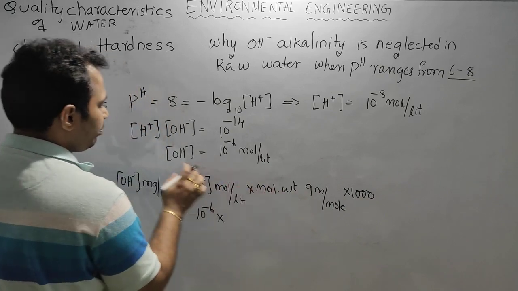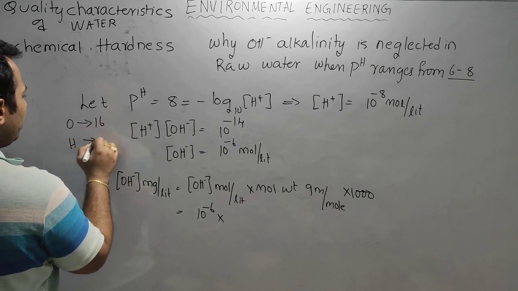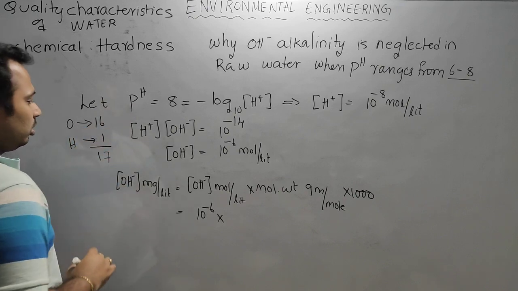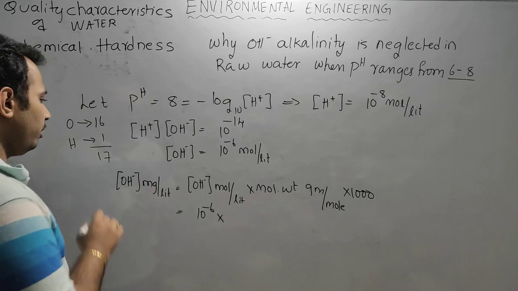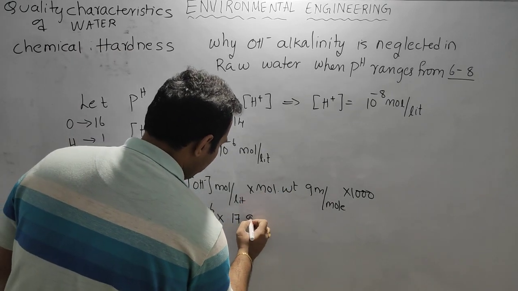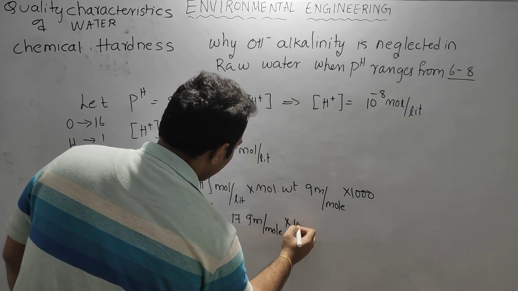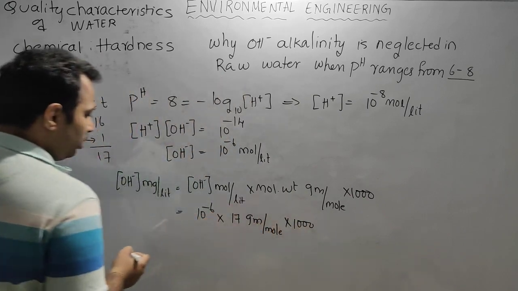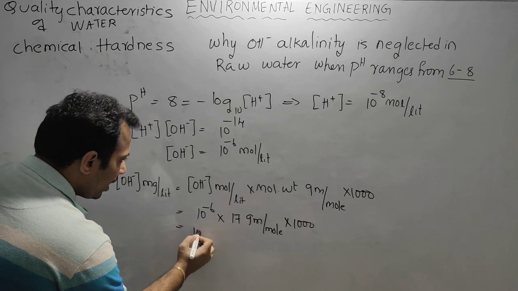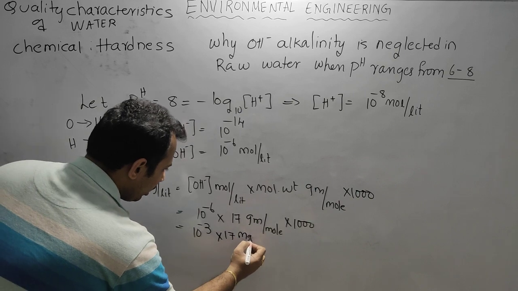Now OH minus concentration in mole per liter is 10 to the power of minus 6. Molecular weight of OH minus, O is 16 and H is 1, that means 17. So it is 17 gram per mole, multiplied by 1000 to make it milligram. So now the value is 10 to the power of minus 3 into 17 mg per liter.